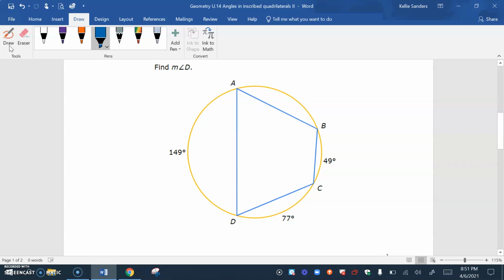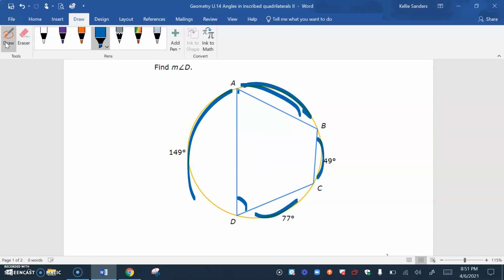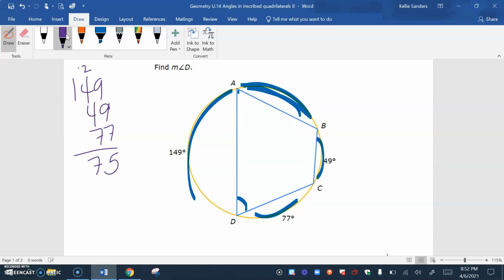I'm looking for angle D. That's my goal. I see all three of these, so I can find this arc fairly fast by adding them up. 149, 49, and 77. 18, 7, 25. I'm doing this in my head, so you may want to get a calculator and check my work. 360 minus 275 is 85.